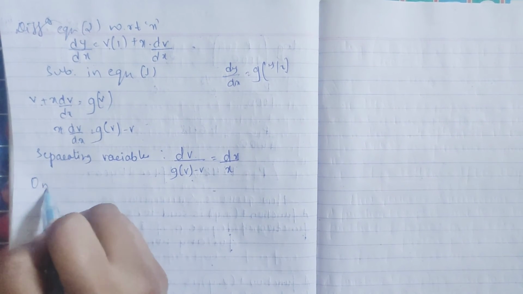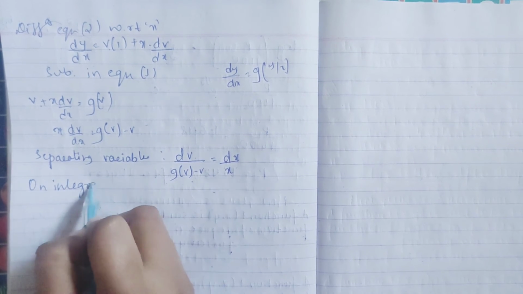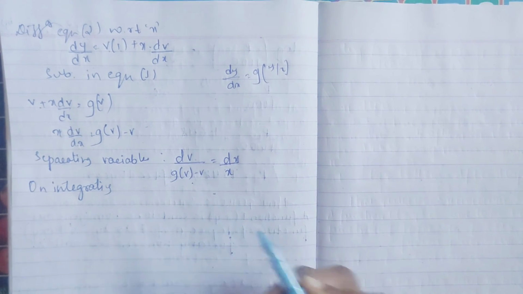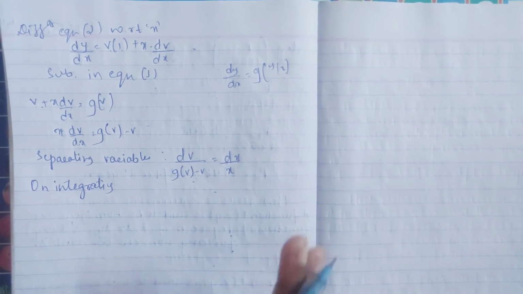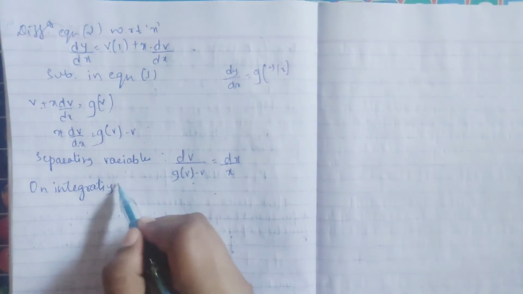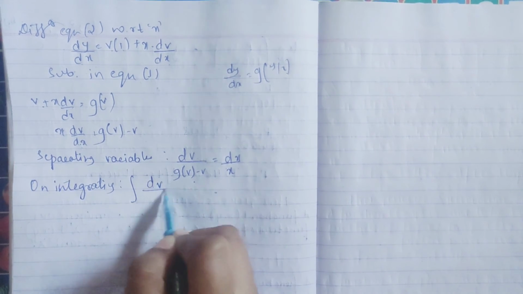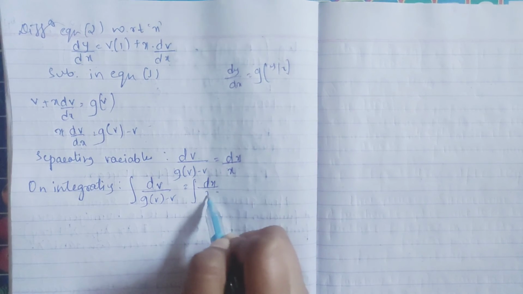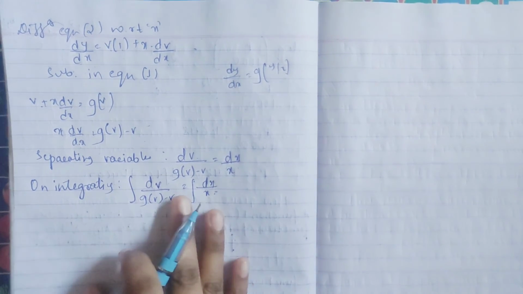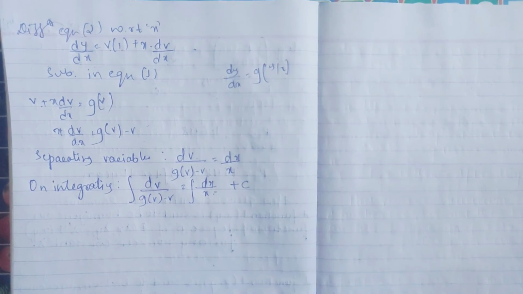Next we integrate. After separating variables, you should always integrate, not differentiate. Separating variables comes under integration only. So integrate dv by g of v minus v is equal to integrate dx by x, plus c.